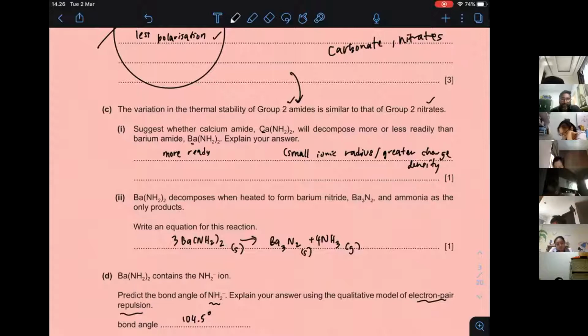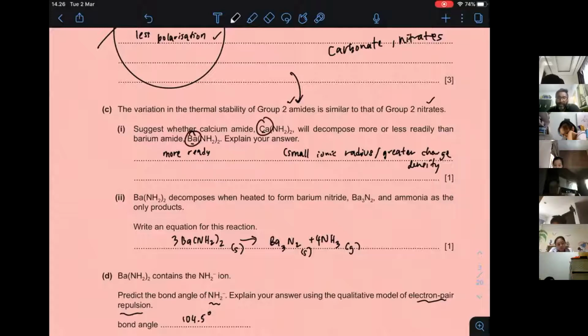So I want to suggest, I know barium is lower, calcium is at the top. When calcium is at the top, it's smaller. The cationic radius is going to be smaller, and because of the smaller ionic radius, calcium has greater charge density.